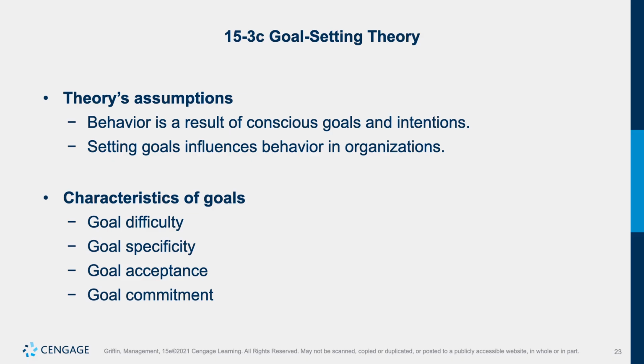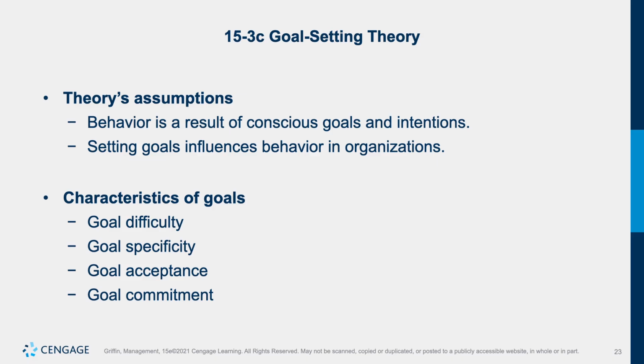These two goal characteristics were goal difficulty and goal specificity, right? They were expected to be the characteristics of goals that shape performance. Now, goal difficulty is the extent to which a goal is challenging and requires effort, whereas goal specificity relates to the clarity and precision of the goal, and both characteristics in the original version of the goal setting theory were expected to shape performance.